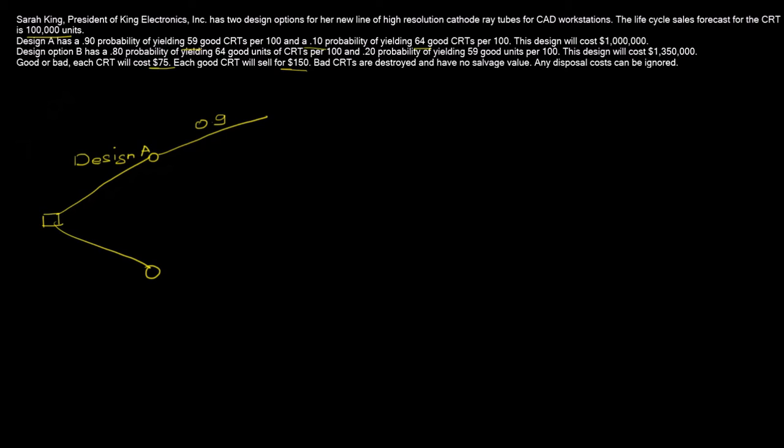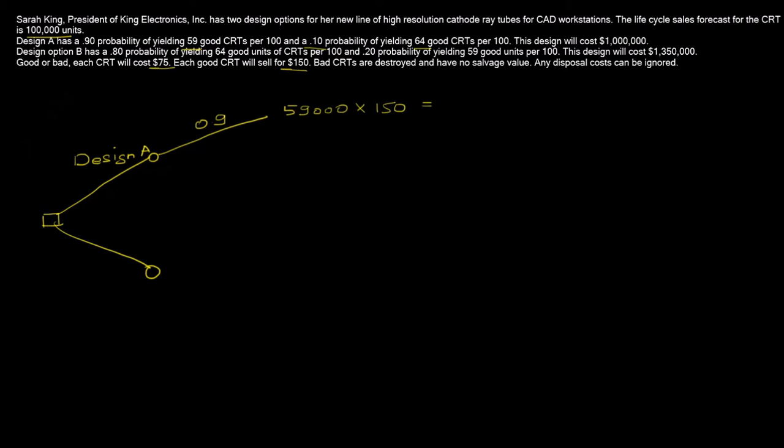So if we're manufacturing 100,000 units, that basically means that we will be producing 59,000 good units, and we'll be selling them for 150 each, right?